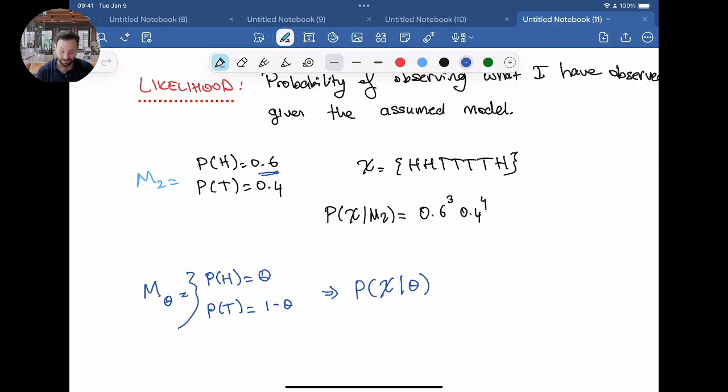That's my likelihood, and you see that this likelihood is now a function of theta, which is theta to the 3 and 1 minus theta to the 4.